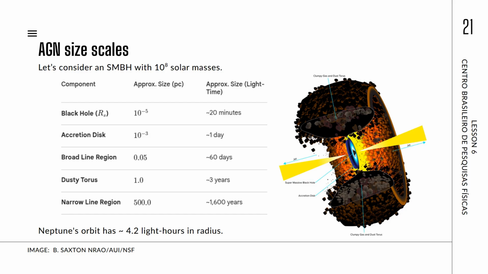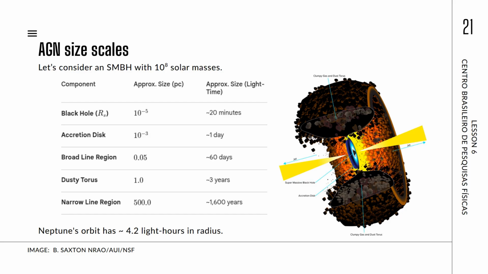The broad line region can be as large as 60 light days, so much larger already than the accretion disk. While the dust torus, look how big it can become: 3 light years. So we are jumping from days to years.